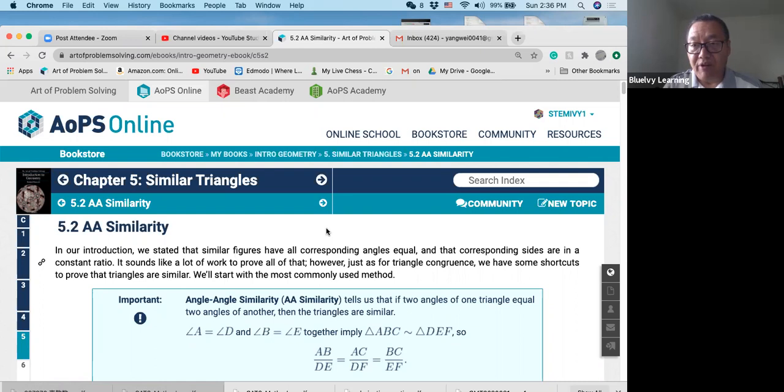The first one is called AA similarity. A means angle. If two triangles have two pairs of corresponding angles that are the same, that means they have the same degrees, then these two triangles are similar, okay?